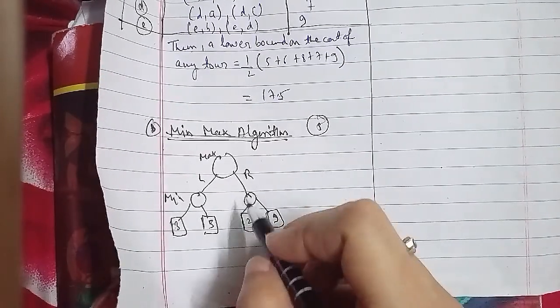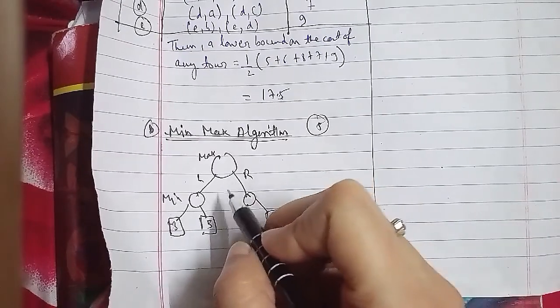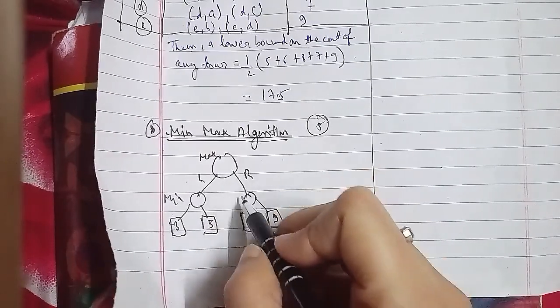With the same, that shows the 2 possible scores when the maximizer makes left and right moves here.